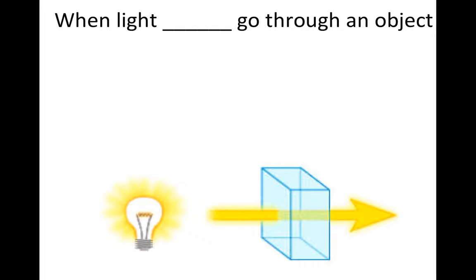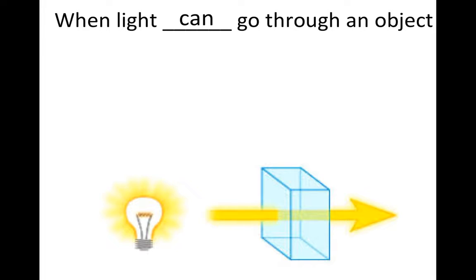When light can go through an object, so we look. Light can or can't go through the object. Can.